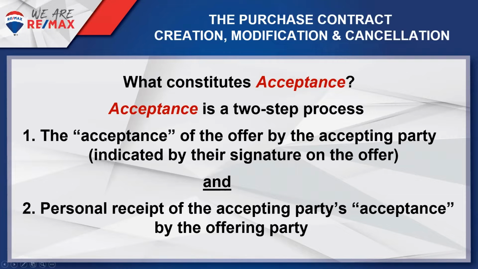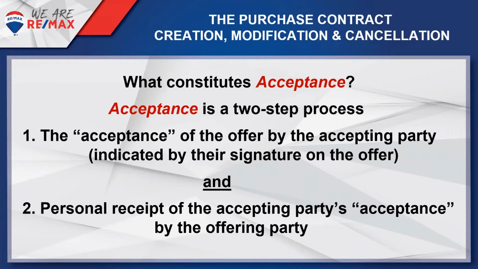They've signed accepting the offer, but we don't have a transaction yet. We don't have a deal, as I like to say, until the seller returns the acceptance, the seller's acceptance, back to the buyer. It must be personally received by the buyer or his designated agent for that to occur.